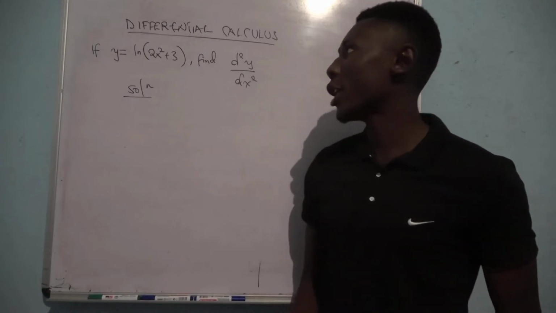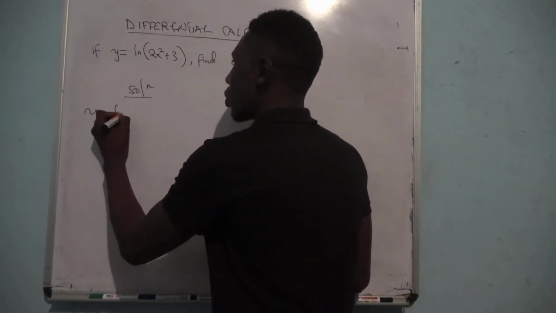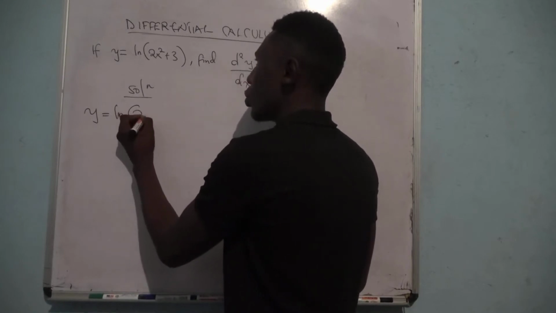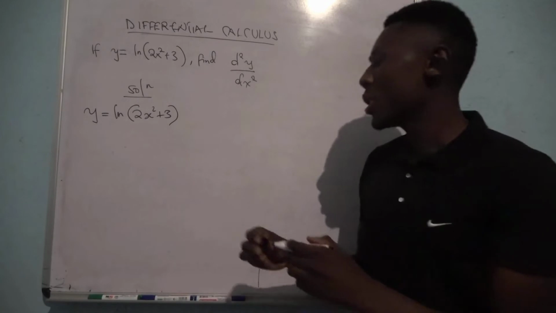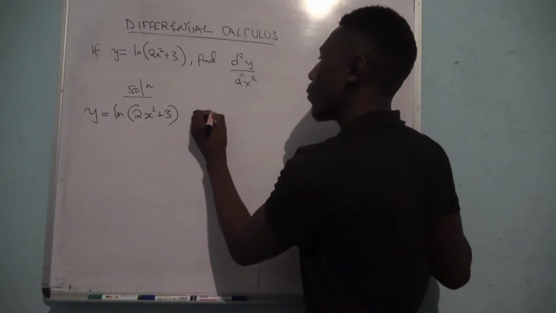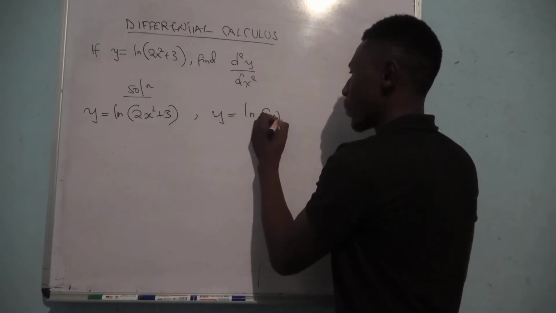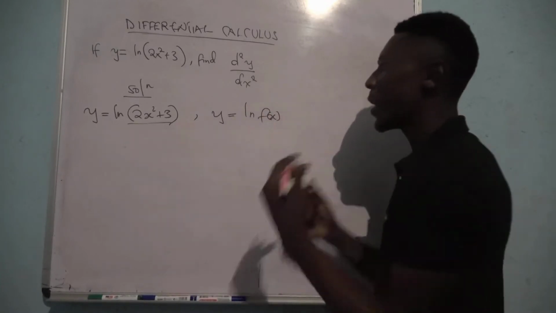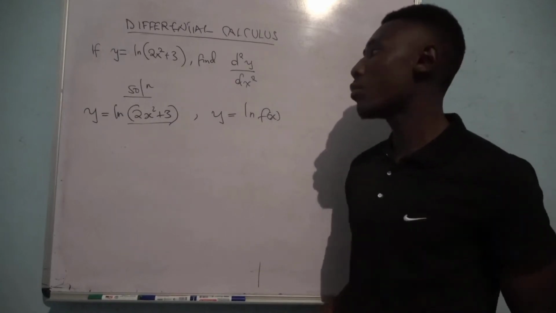So here we have y equals natural log of open brackets 2x squared plus 3. It's the same as saying that we have y equals the natural log of a function. This function you can label as f of x, or if you want you can label it as u.